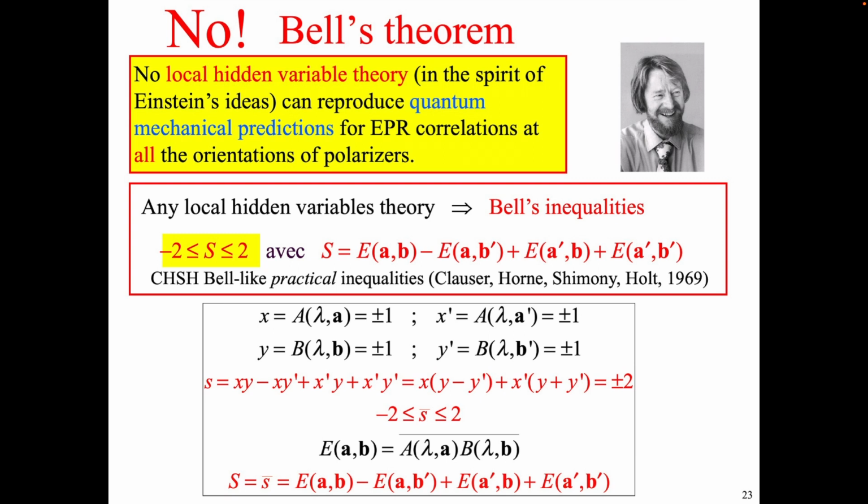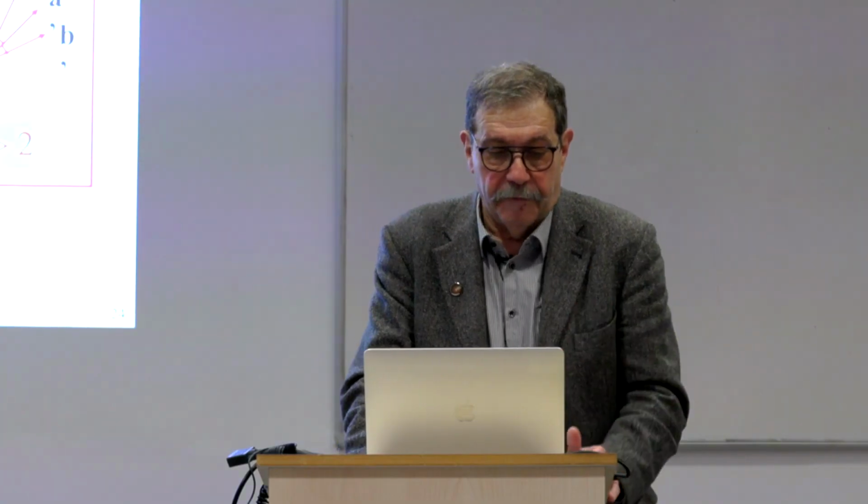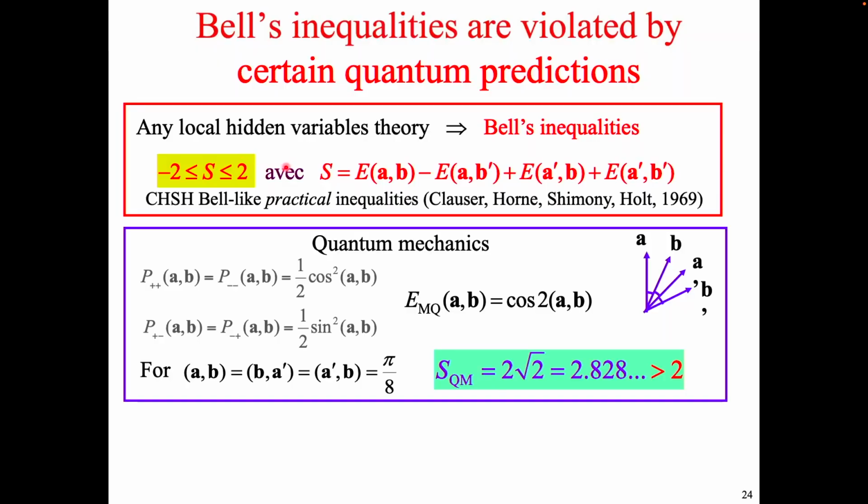The demonstration is really high school mathematics. But Bell's theorem says that this quantity cannot be bigger than 2, cannot be less than -2. And if now you take the quantum mechanical prediction, which is written here, for this angle, here is pi over 8, and pi over 8, cosine of 2 times pi over 8 is 1 over root 2, so you have 1 over root 2, 1 over root 2, 1 over root 2, and here is 3 pi over 8, you double, it's minus 1 over root 2, and so you get more than 2.